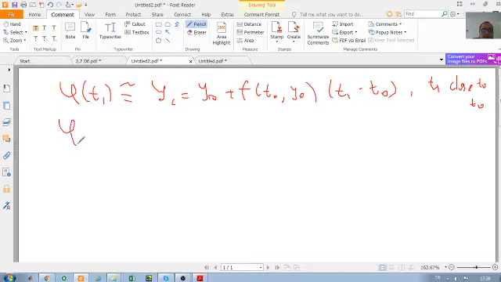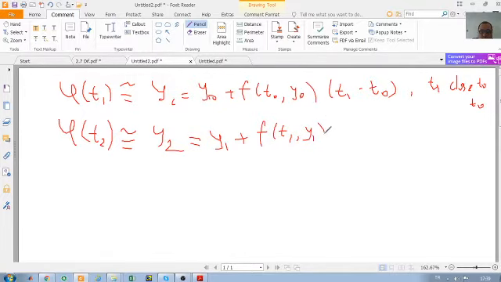Similarly, if you want to find the value of the solution function at the point t2, if t2 is close to t1, we use the same procedure. y2 is equal to y1 plus f of t1, y1 times t2 minus t1, by using the equations of the tangent lines, where t2 is close to t1.